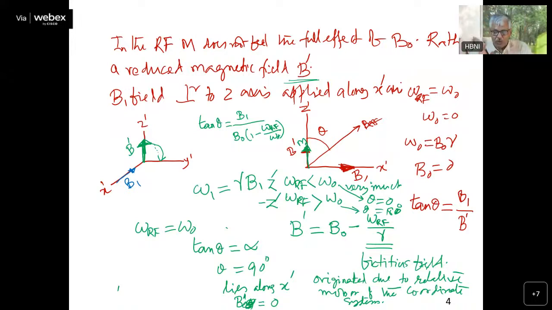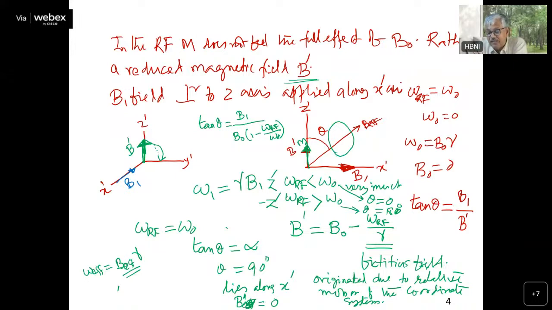Now the question comes, why do we have to keep this B effective very close to X prime, or on X prime, or in the XY plane? If it is not there, then the magnetization will precess around this B effective, with omega effective equal to B effective times gamma.